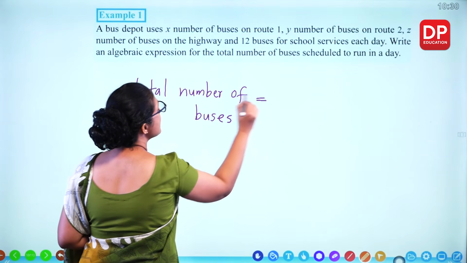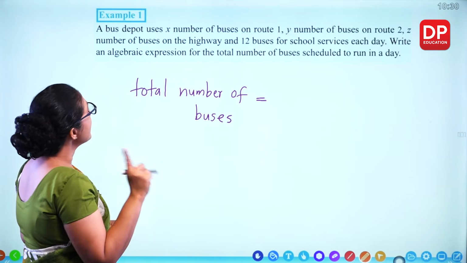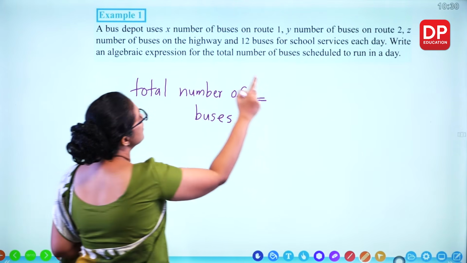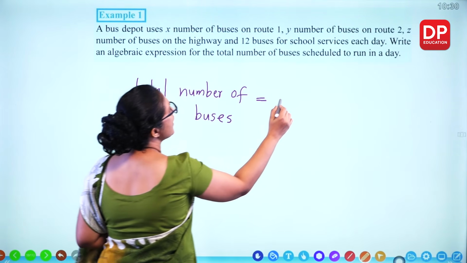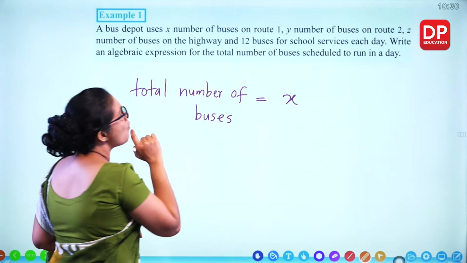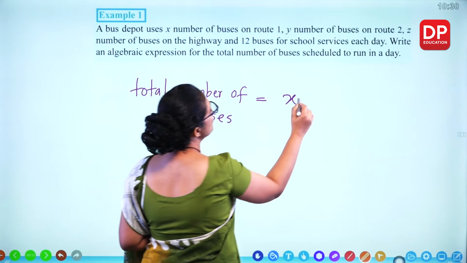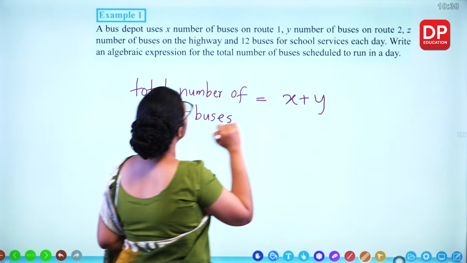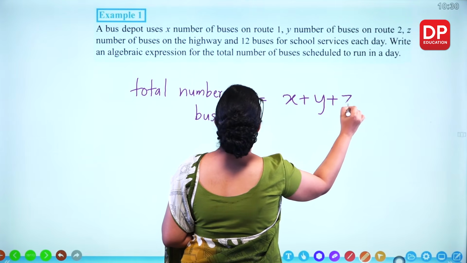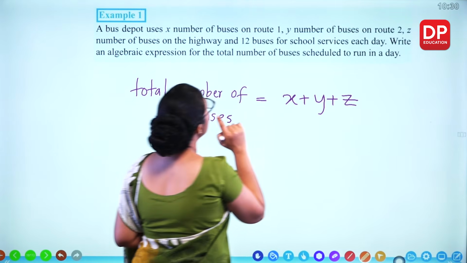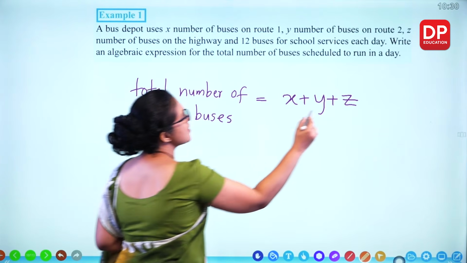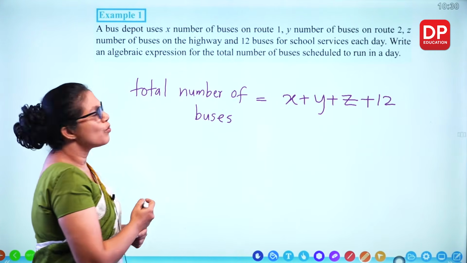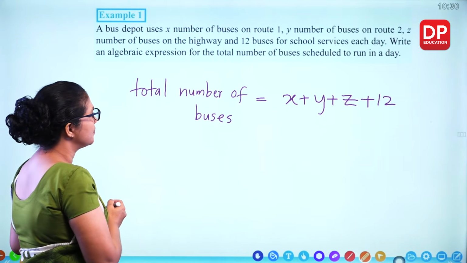X number of buses, route 1. So, X. Y number of buses, route 2. That's plus Y. Z number of buses, highway, Z. And 12 buses for school services. That's 12. So, this is the total number of buses.